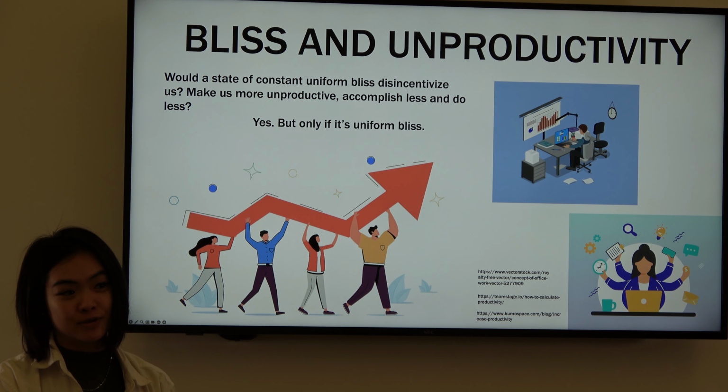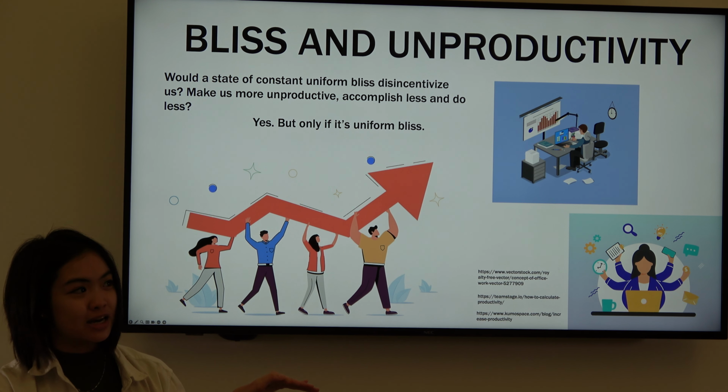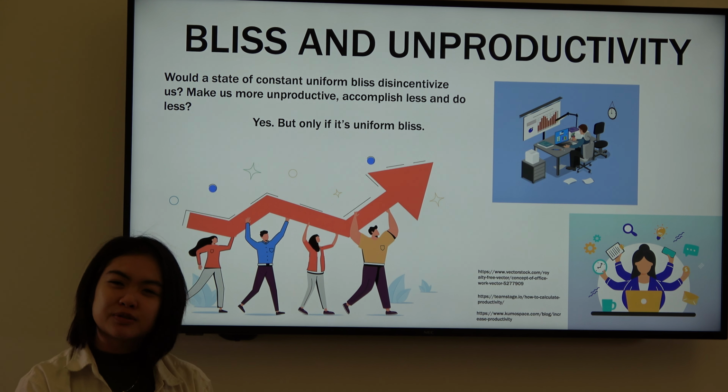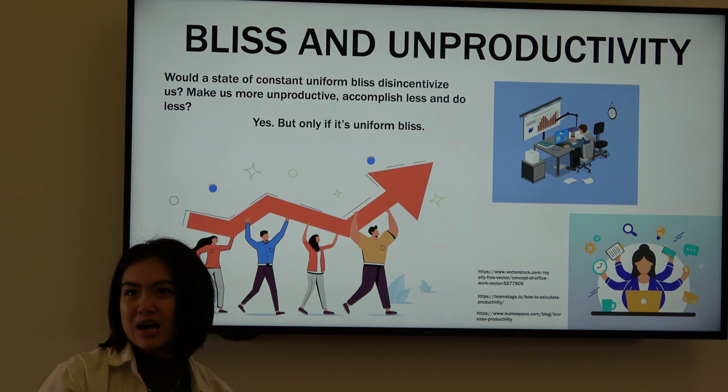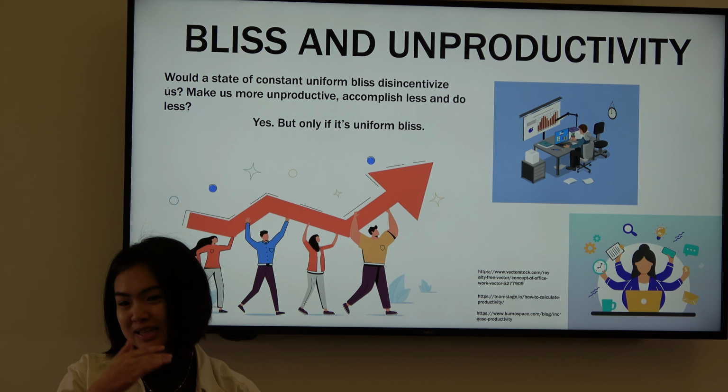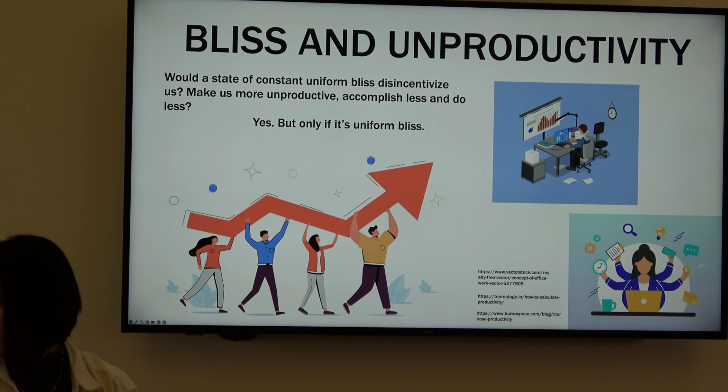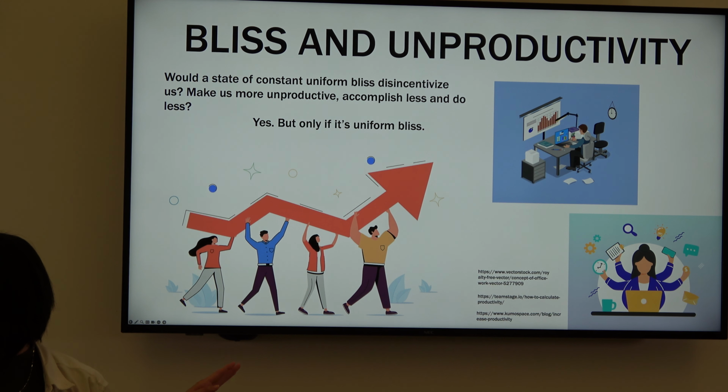So maybe if you're feeling ecstatic all the time, on top of the world, nothing much will get done. But if you're feeling pretty good most of the time, when you wake up and you appreciate the small things in life, maybe that's what he's trying to get at, just setting that certain baseline. So he clarifies that only uniform states of bliss will decrease productivity and that the levels of blissfulness can change and vary with information. That can be intensely motivating.